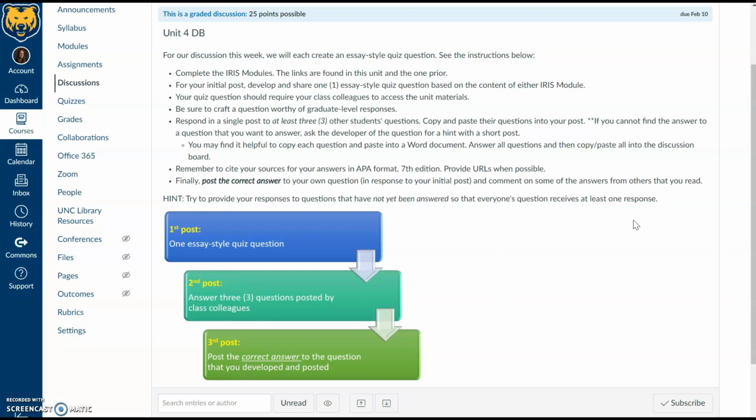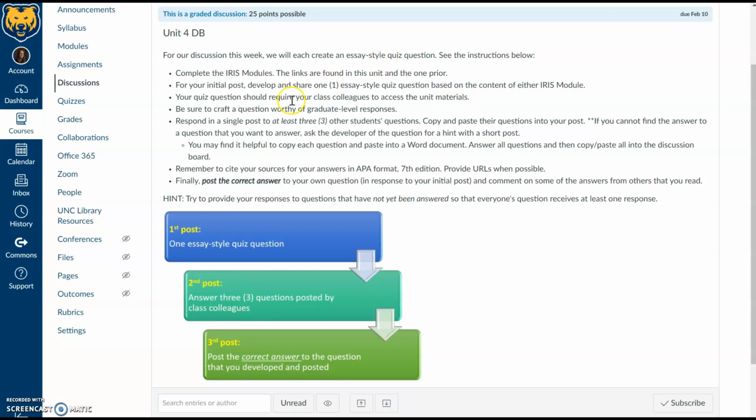So you could be expanding further, asking for examples and applications, or presenting a potential problem scenario and requiring somebody to work through steps to solve that problem, or how it might be addressed with best practices and fidelity of implementation in mind as you're looking at RTI and MTSS.